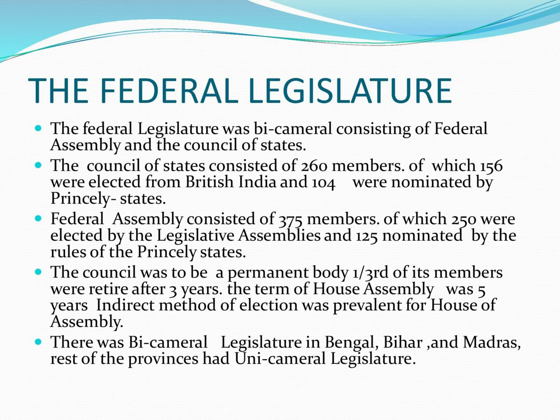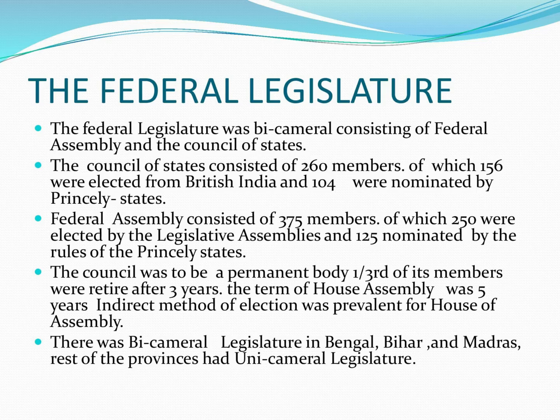But in case of the House of Assembly, the term is fixed at 5 years. An indirect method of election was incorporated for the Assembly. Then there was a bicameral legislature in Bengal. During that time, bicameral legislatures existed in Bengal, Bombay, Bihar and Madras. The rest of the provinces had unicameral legislatures.